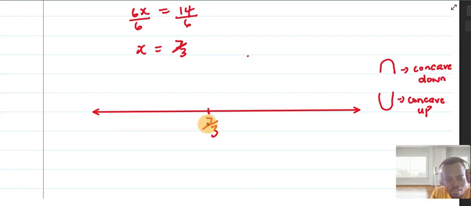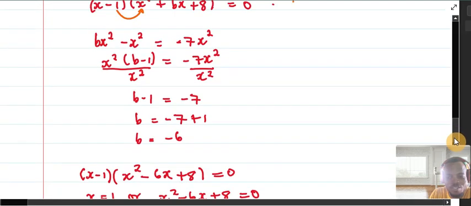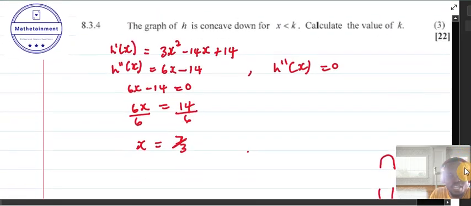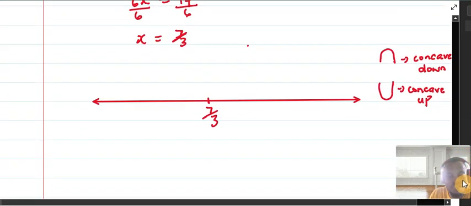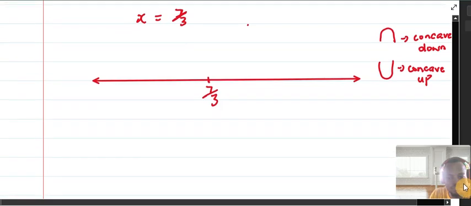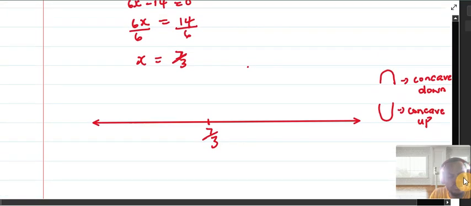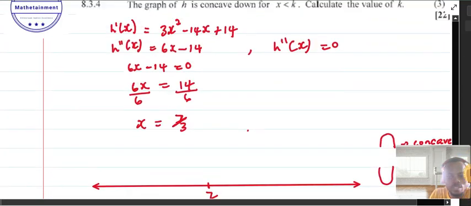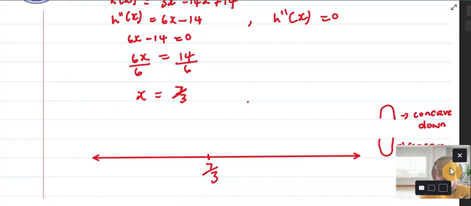Suppose we decide to plug in 0. I normally prefer using natural numbers because working with fractions or rational numbers becomes a bit annoying, but I can use 5 over 3, or even 2, because 6 times 2 is 12. So let me use 2.